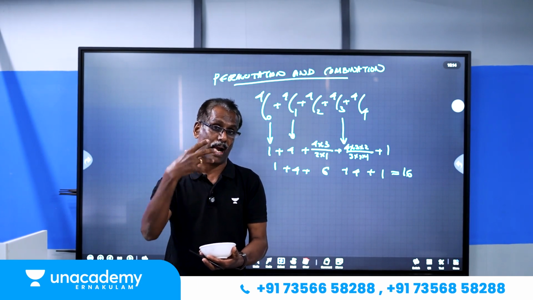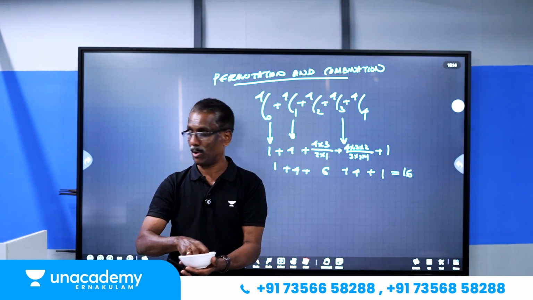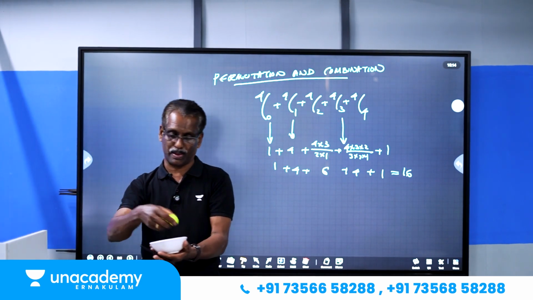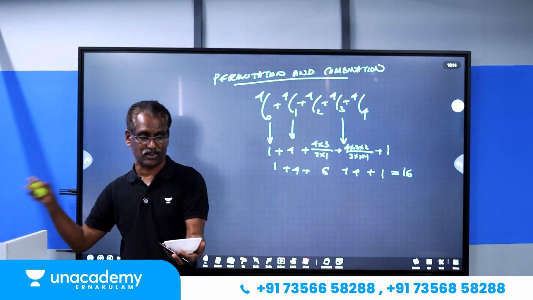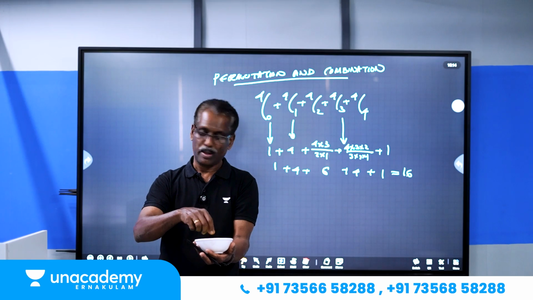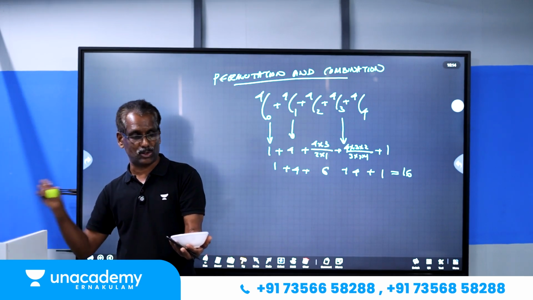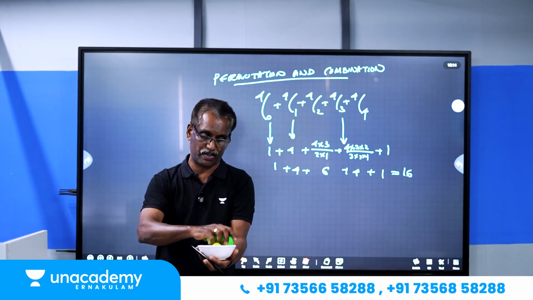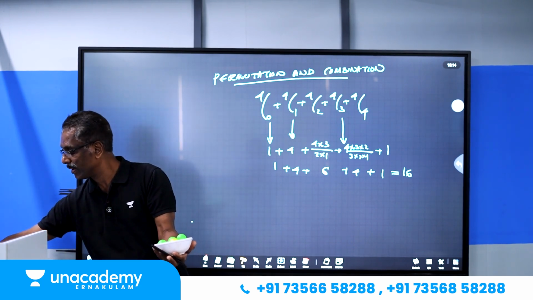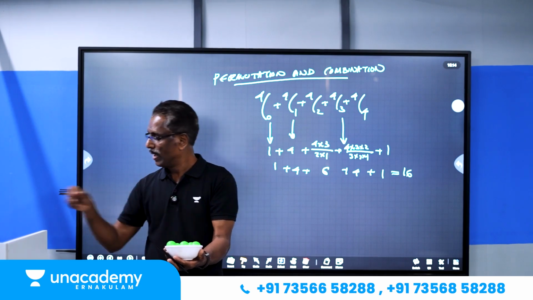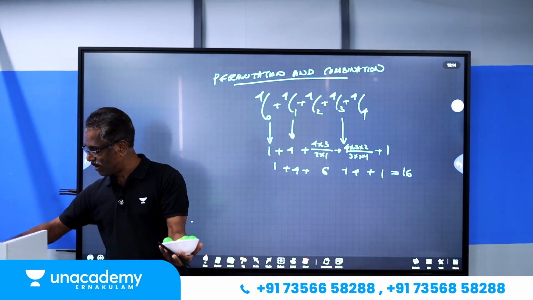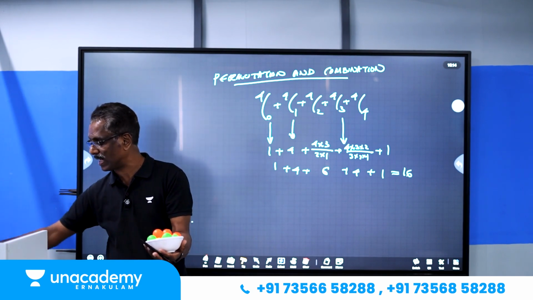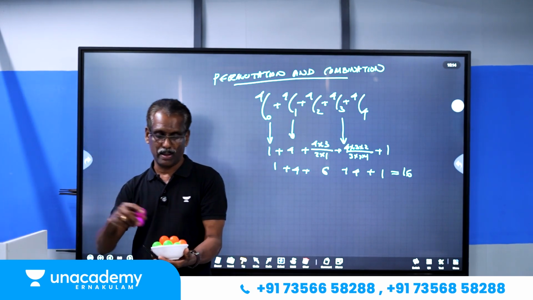Then entering into another practical situation. So see the practical situation. Here I am putting 6 yellow ladus in this bowl, 6 green ladus in this bowl, then 6 orange ladus in this bowl, and 6 pink ladus.